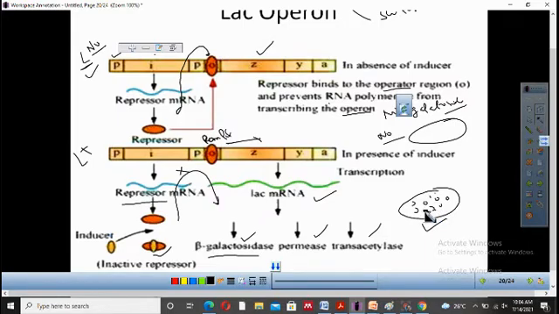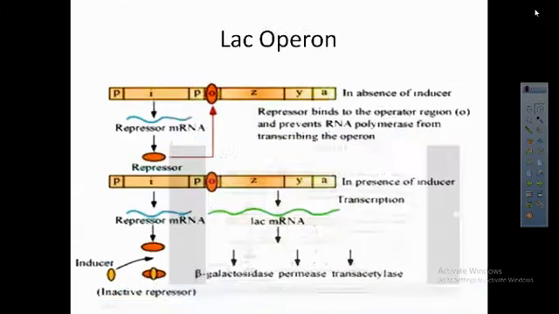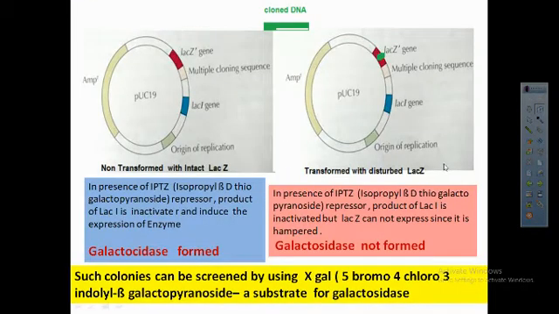Utilizing this very concept, the screening was done for the pUC19 with the integrated DNA. This is the structure of the pUC19, which possesses more than 2,000 base pairs but less than 3,000.